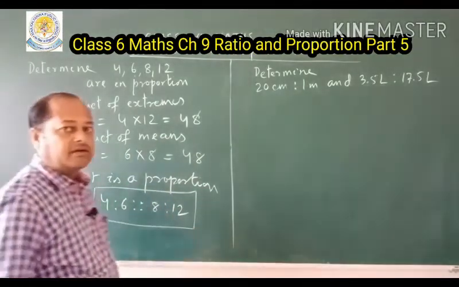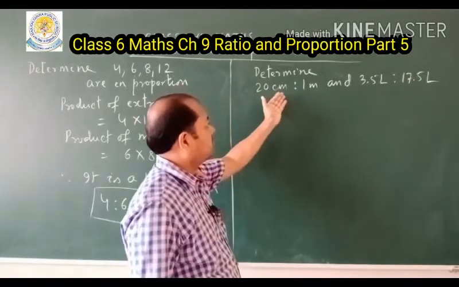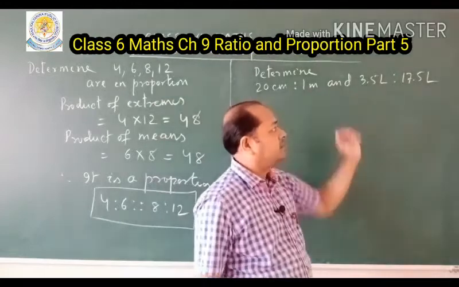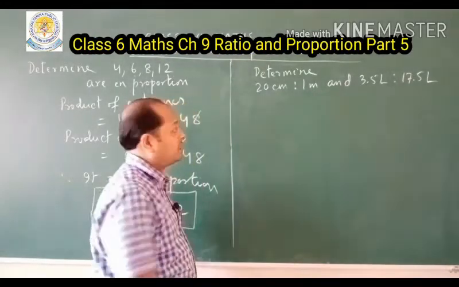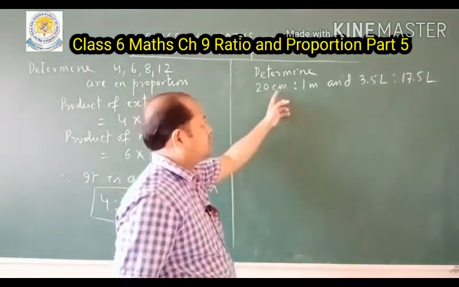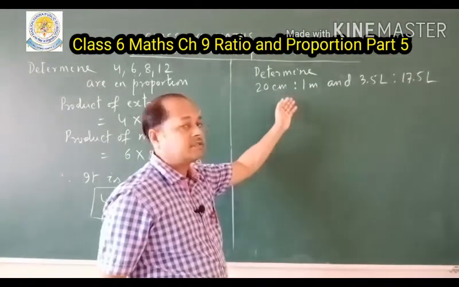Okay, now we'll see this question. 20 centimeter is to 1 meter and 3.5 liter is to 17.5 liter. What do you observe here? In this first ratio, the quantities are in different units. First of all, make it to the same unit.